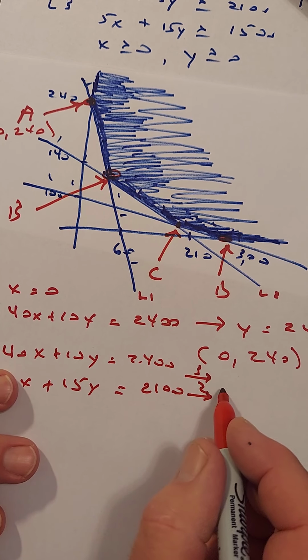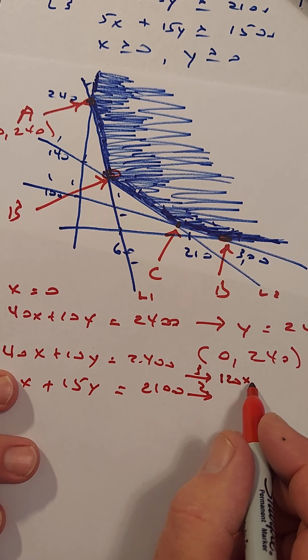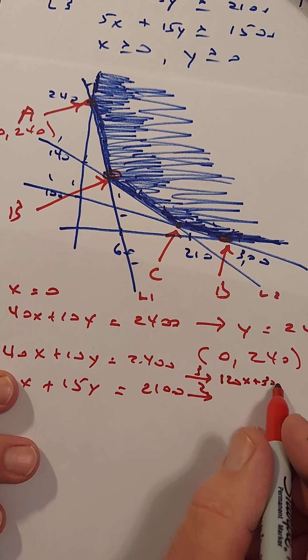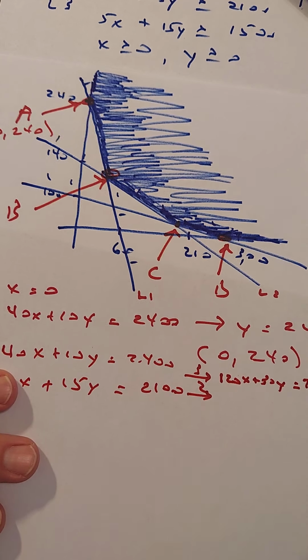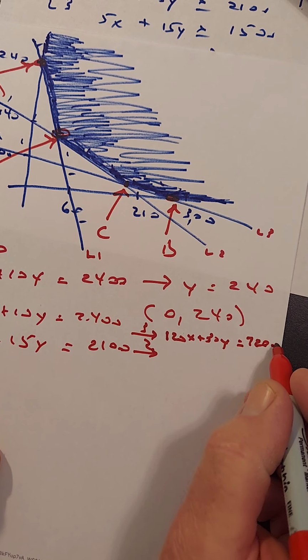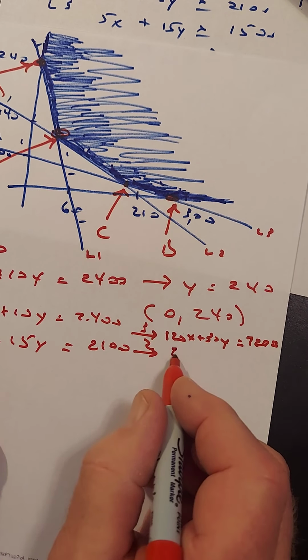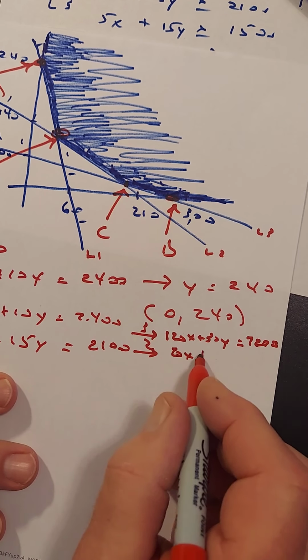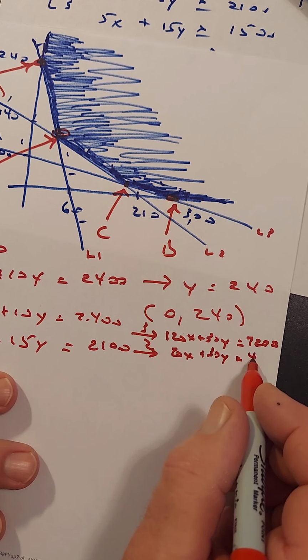That's 120x plus 30y equals 7200. On the bottom, multiplying by 2, that becomes 20x plus 30y equals 4200.